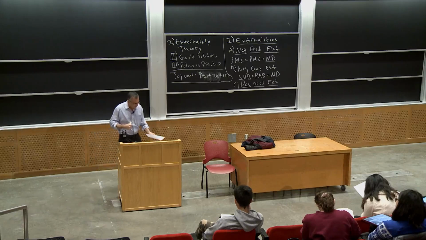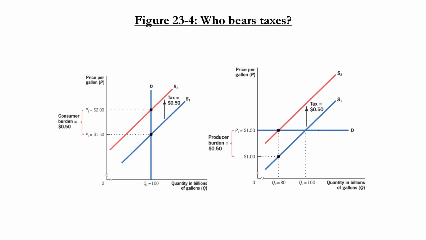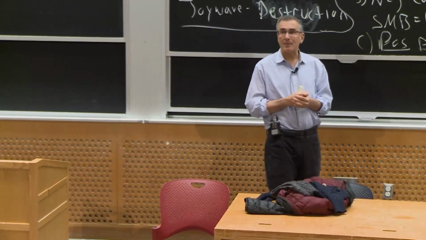So if you go to figure 23.4, think about the market for R&D. When a firm's deciding how much R&D to do, it considers what's the cost of R&D. R&D is a cost. You've got to hire scientists and build labs. So that's the private marginal cost. And there's a benefit for R&D, which is how many patents it delivers for the firm. That's going to drive the demand.